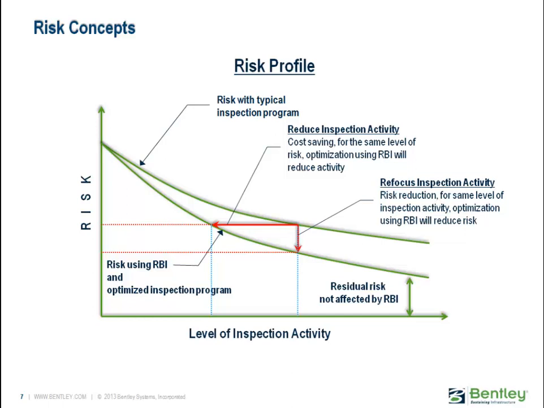Please note that implementing an RBI program can only reduce risk down to an as low as practically possible level. There is always going to be a residual risk for operating any facility.